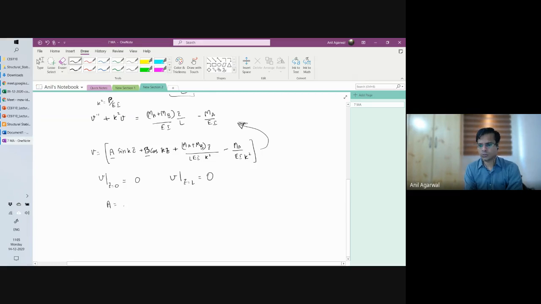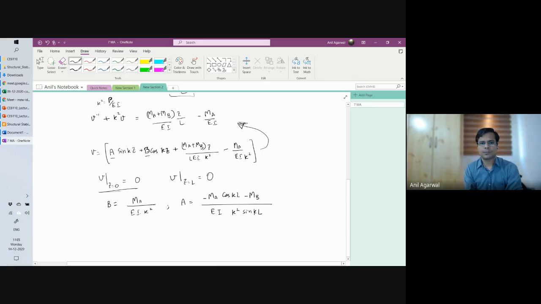First I get B is equal to MA divided by EI k square. And I get A is equal to minus MA cos KL minus MB, divided by EI k square sine KL.